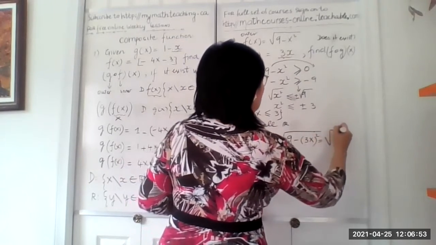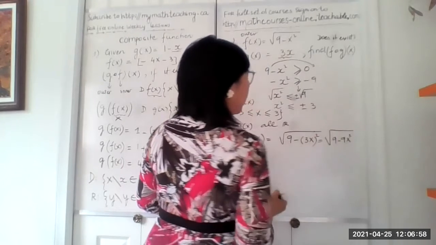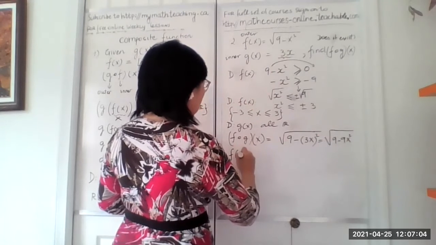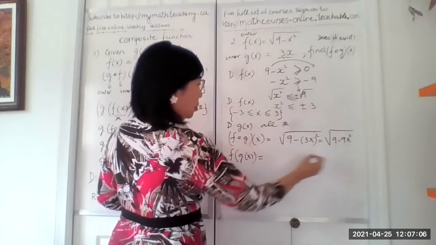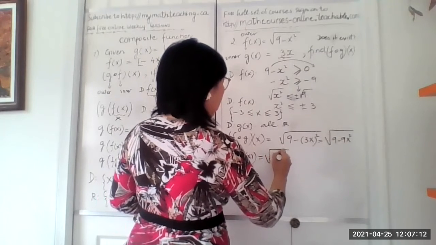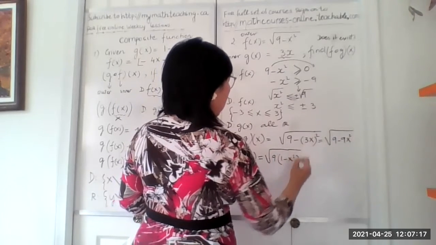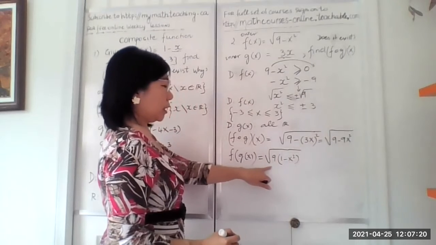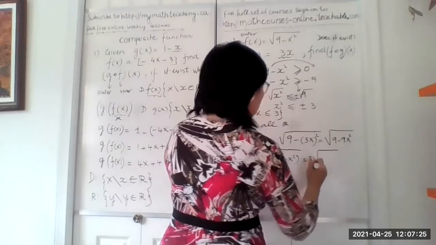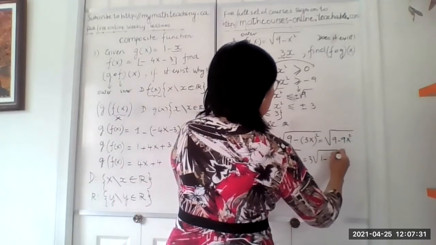So this is equivalent to 9 minus 9x squared. Now at this point, we can factor out the 9 as a factor, and inside will be 1 minus x squared. So then we can take the 9 outside. The square root of 9 is 3 outside, and inside we are left with this.